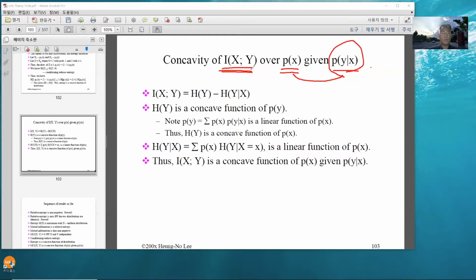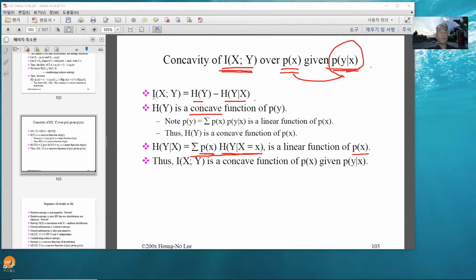So that's the problem. And then this can be shown to be concave. So using this definition, H(Y) is a concave function. What about this one? That one is nothing but this. And here, this one is a variable. Given a particular value, the entropy of Y is a function based on this, which is fixed numbers. So you can treat this as a linear function of p(x).